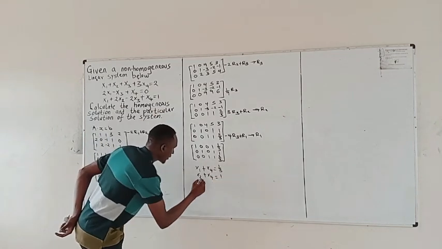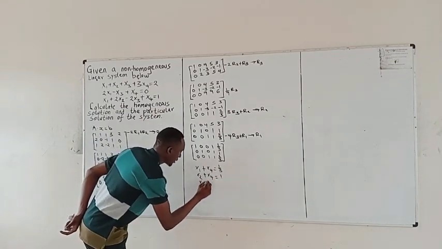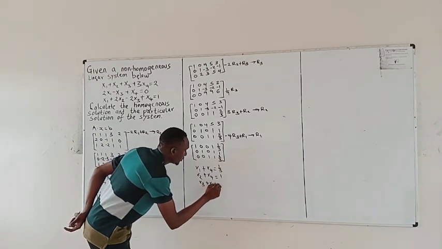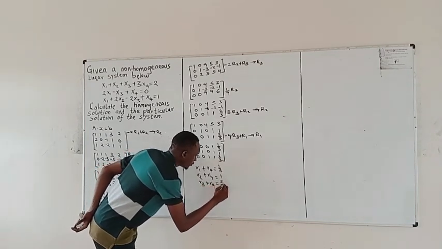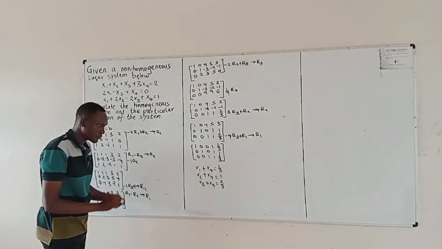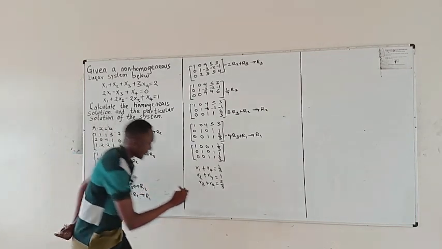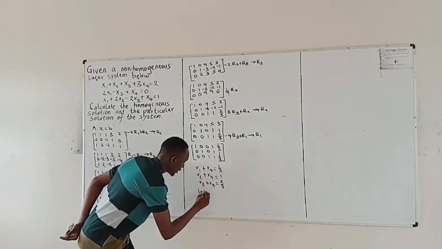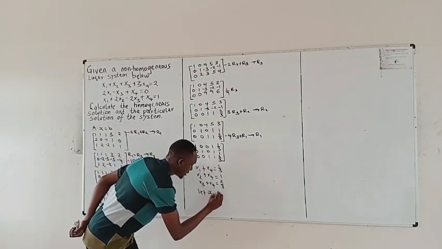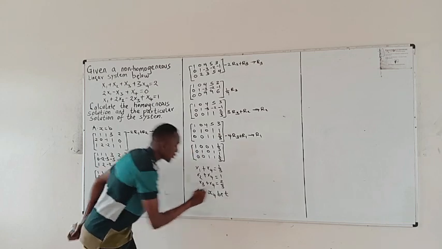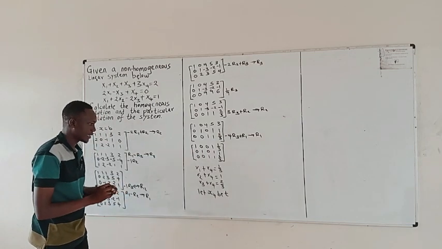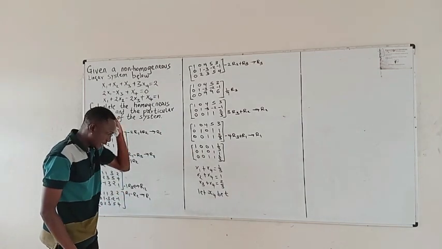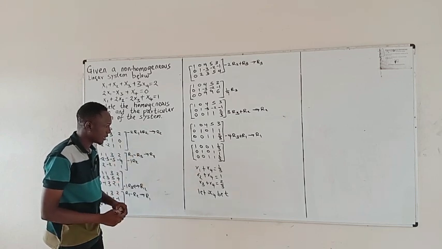From row 3 we realize x3 plus x4 is equal to 2 over 3. Let x4 be t. So our x4 is t. So where there is x4, we substitute t.